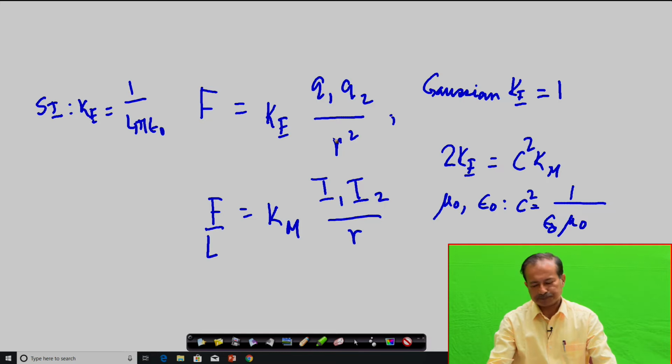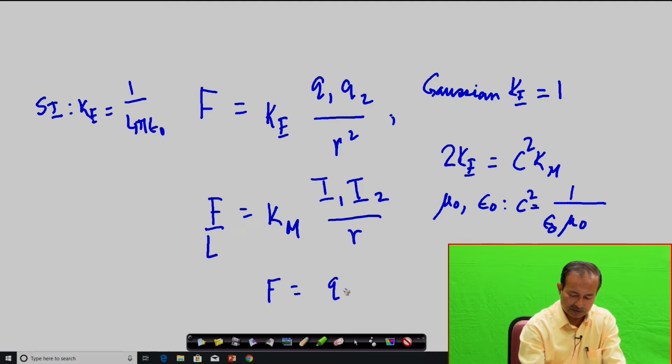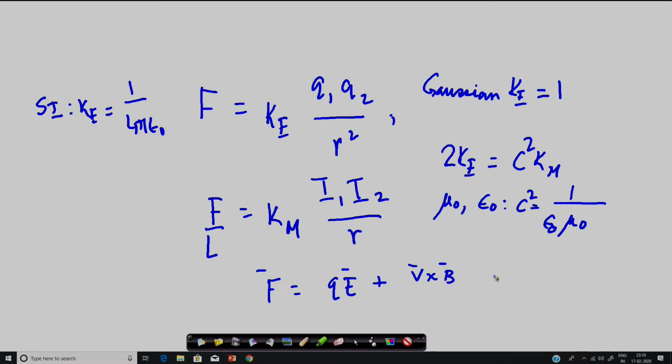Similarly, if you write the Lorentz force, for example, F equal to Q E plus V cross B, this is in SI, and all you have to do is replace Q V cross B by Q V cross B by C in Gaussian.